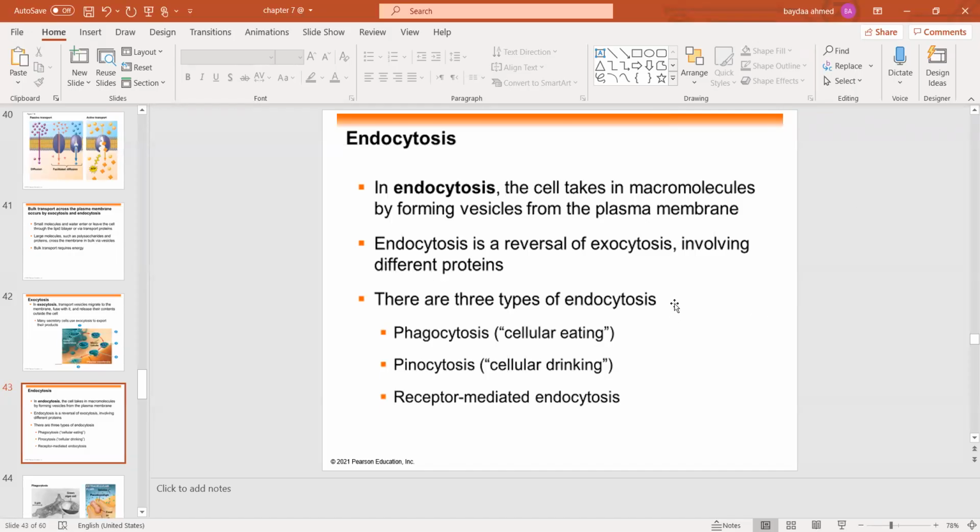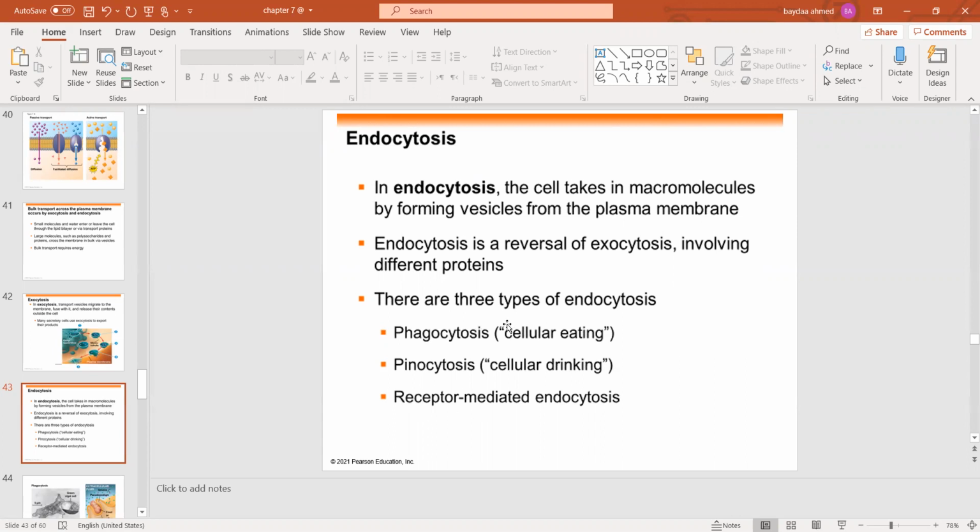In endocytosis, the cell takes in molecules and particulate matter by forming new vesicles from the plasma membrane. Although the proteins involved in the process are different, the events of endocytosis look like the reverse of exocytosis.